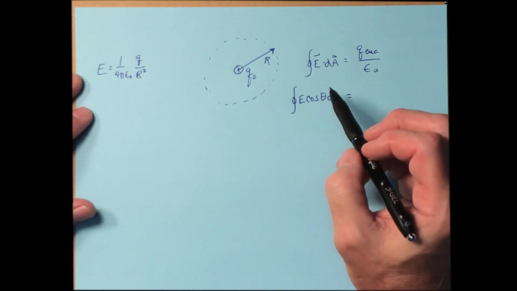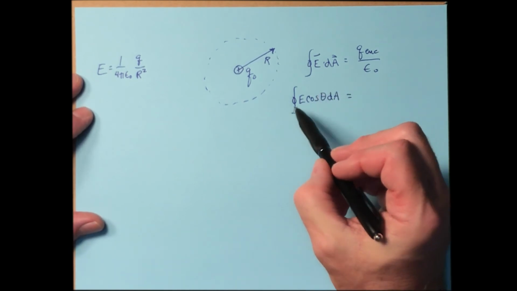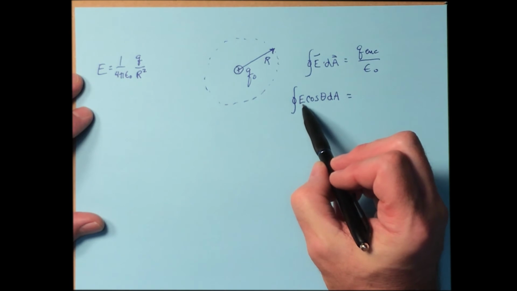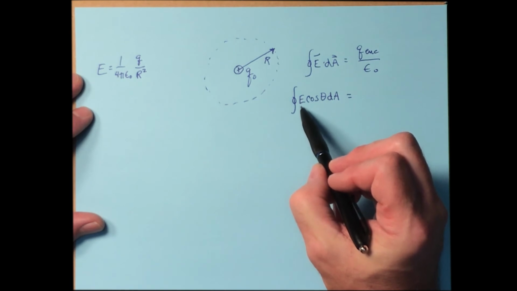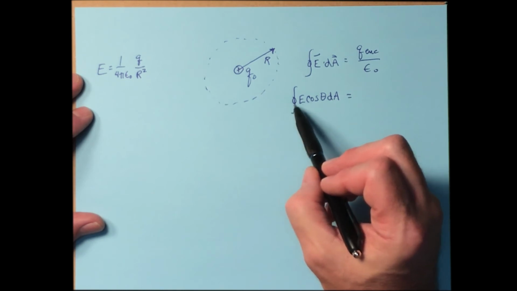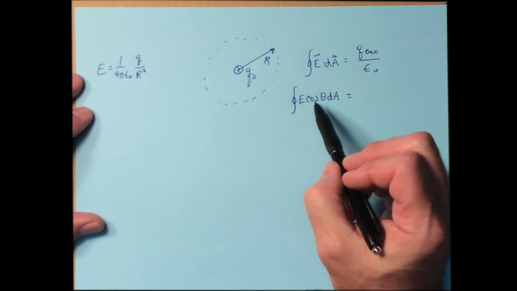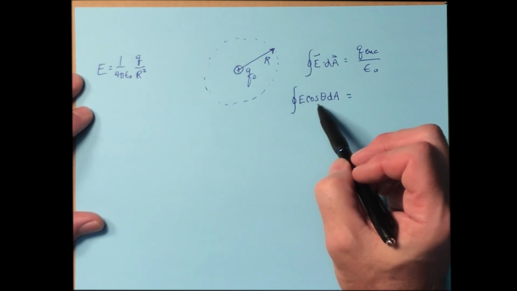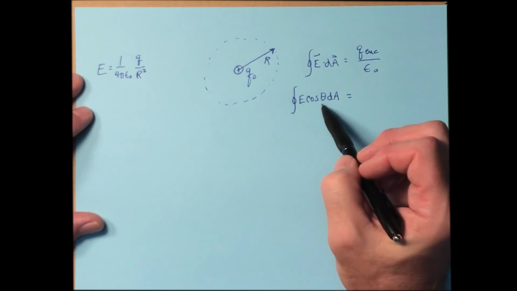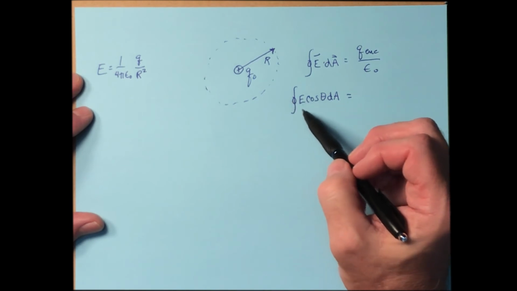What we want to be able to do is two things. First of all, we want the electric field at the surface to be a constant. If it's constant, then we can factor it out, and it becomes a lot easier problem. Also, we want the cosine theta to be a constant, so that we can factor it out as well.